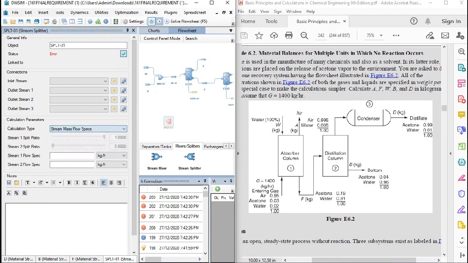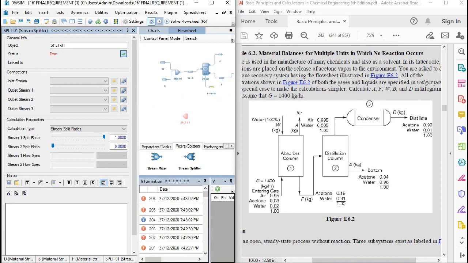That's why the compound separator is an option. It's not that good because it's quite hard. Our group is really having a hard time also in simulating this problem. So stream specs and stream split ratios, we cannot apply either because it's not given as a ratio in the problem, but as weight percent. That's why we cannot use our splitter.